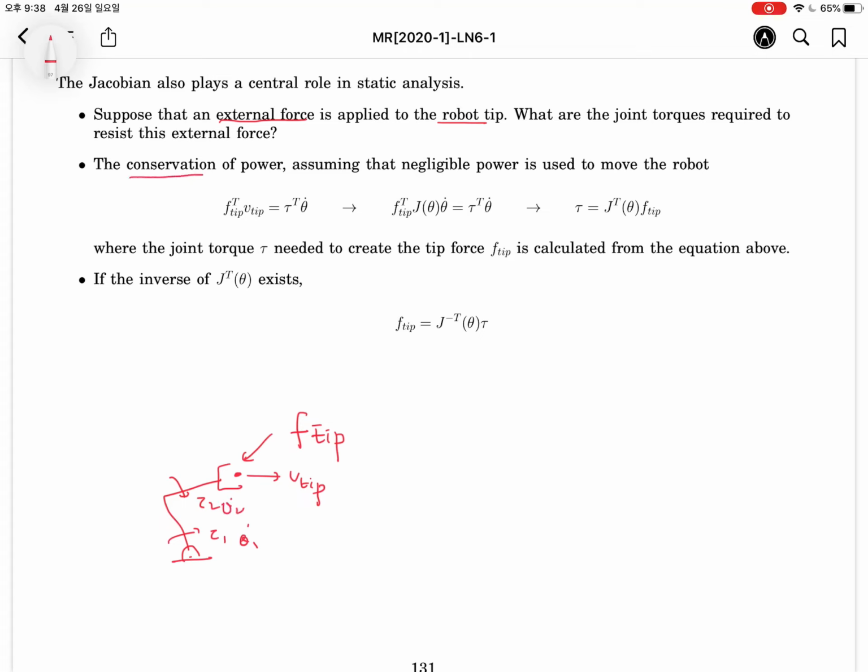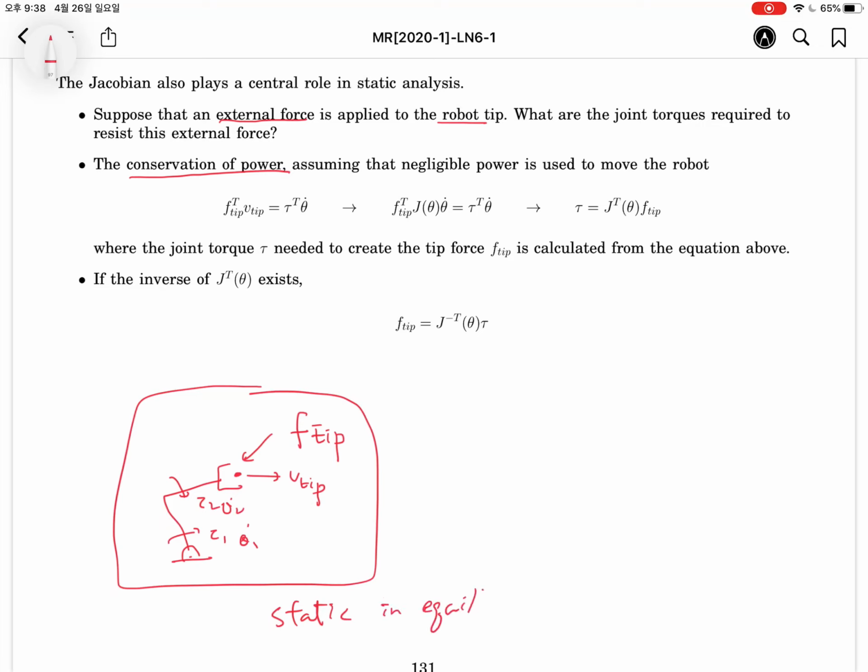Here, the conservation of power. Before that, we should assume that this posture is static. This is not moving, so it is static, in equilibrium. This kind of assumption is required because if this robot moves, inertial force will appear.